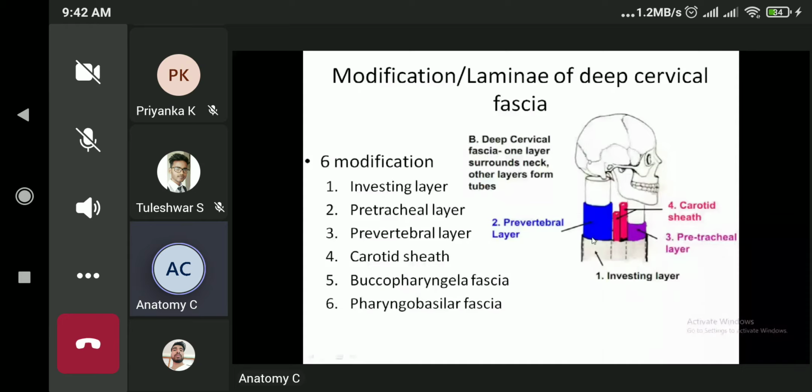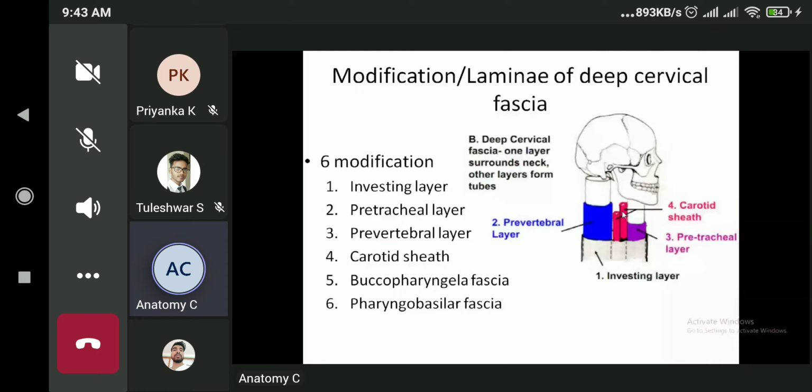The next is the pretracheal layer, which lies just in front of the trachea. Then the prevertebral layer, which lies in front of the cervical vertebrae. And remember, the compartment which lies between the pretracheal and prevertebral layers is considered the visceral compartment of the neck, because all the viscera of the neck are enclosed within this visceral compartment.